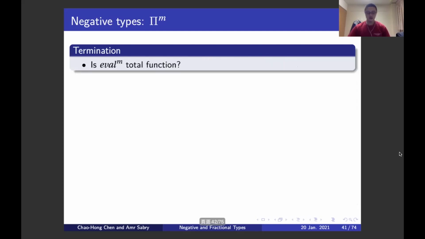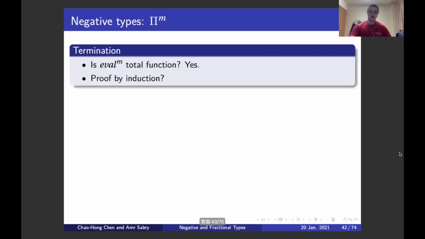Now there's one thing we need to think about: is this function a total function? The evaluation of Pi is very simple and it's straightforward to prove that it is terminating for every computation. But now we can go back and forth, and we're not really sure what happens when we add these effects. The answer is yes, but how to prove it?